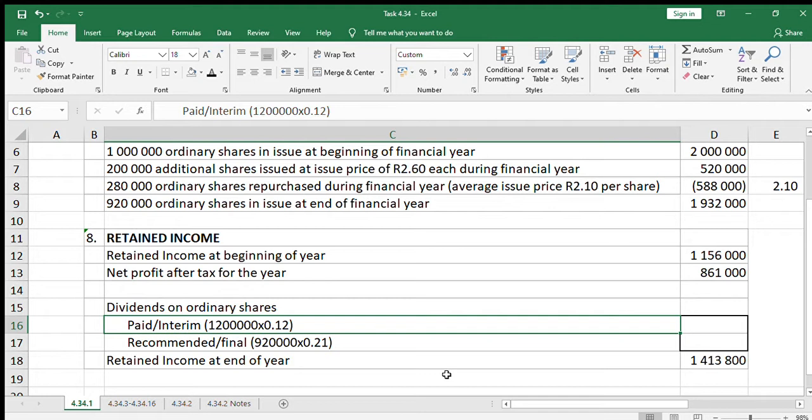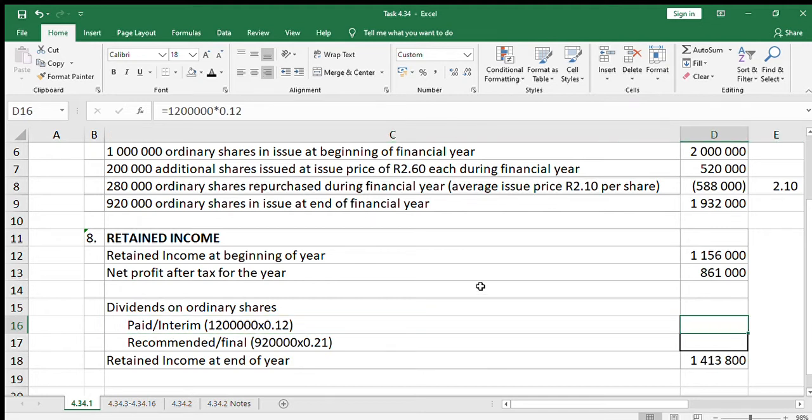Now on 31st August 20.1, the number of shares in issue was the 1 million shares at the beginning of the year and the 200,000 shares which were issued on 30th June. So 1,200,000 times 12 cents, okay, 144,000. And the final dividend, at the end of the year, there were 920,000 ordinary shares in issue, and the final dividend is 21 cents per share.